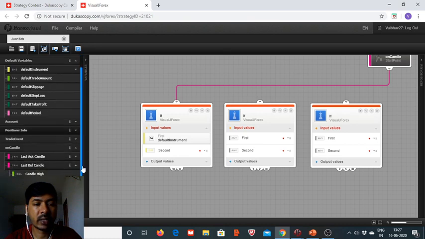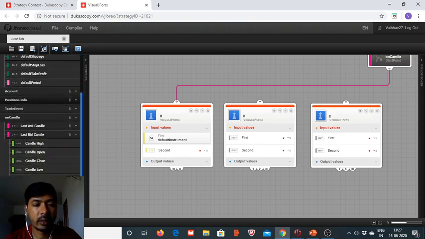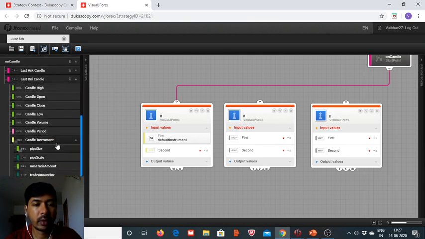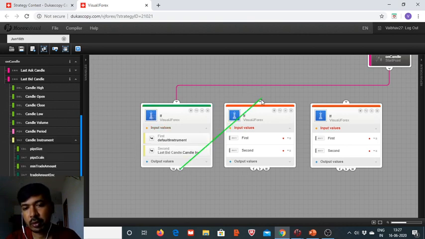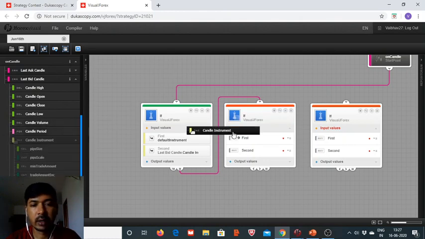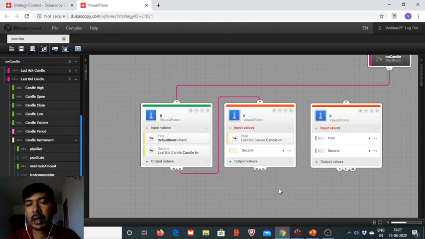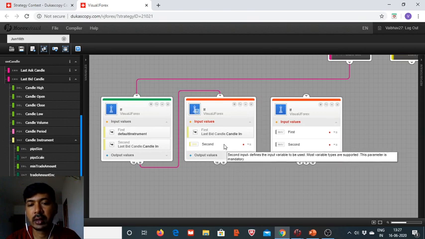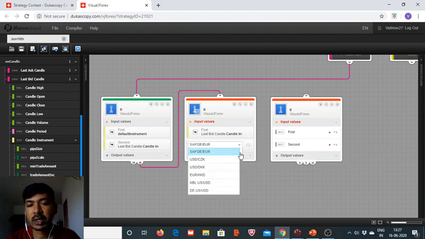You just have to match the candle instrument here. The default instrument and the candle instrument should be the same, and that candle instrument should be EUR/USD. So again we take the last bid candle instrument, and we change this to EUR/USD.